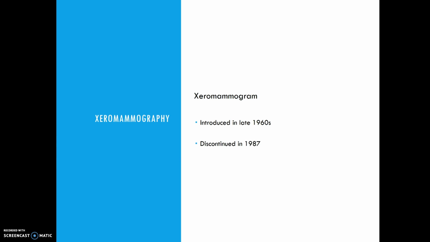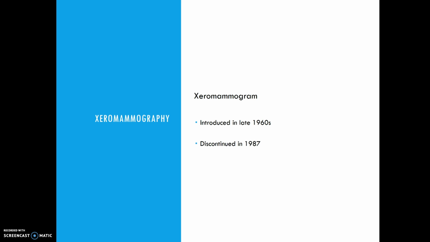So along with that improvement in film screen, in the late 60s, a company called Haloid Corporation, which then became Polaroid, invented a technique called xeromammography. It used a selenium plate that the image of the breast was on.